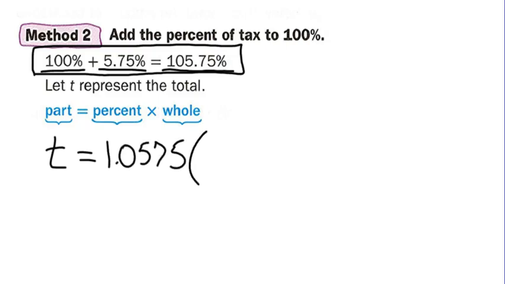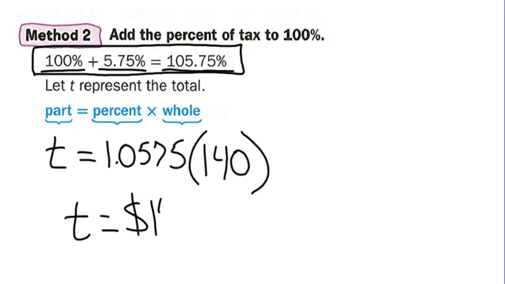And we'll multiply that by our whole amount, our cost of the exercise equipment of $140. Well, guess what happens when we multiply those two numbers? We get $148.05. So we kind of took one step out. We actually added before we multiplied, whereas in the other way, we multiplied first, found the amount of tax, and added it to get our total cost of the exercise equipment.